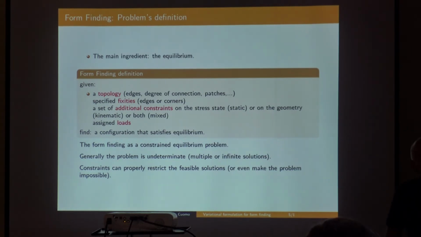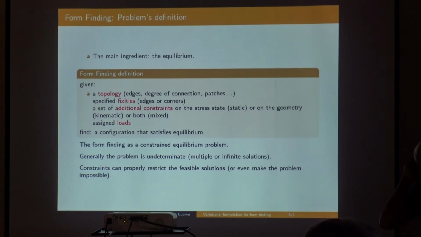Some fixities are given, some built-in edges or some points and so on. But we also need some additional general constraints, either on the stress state or on the geometry. And eventually some loads, self-weight, for instance, or other loads. And we have to find a configuration that satisfies equilibrium subject to the constraints I've mentioned before.